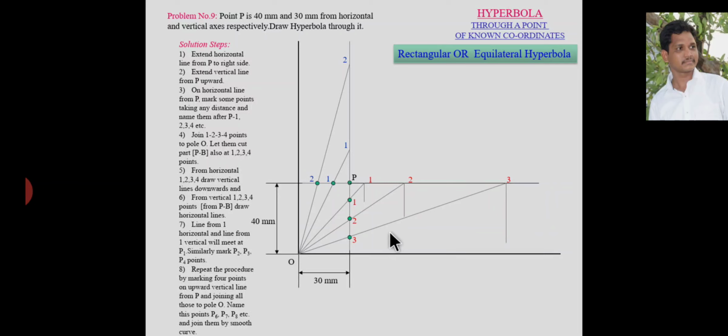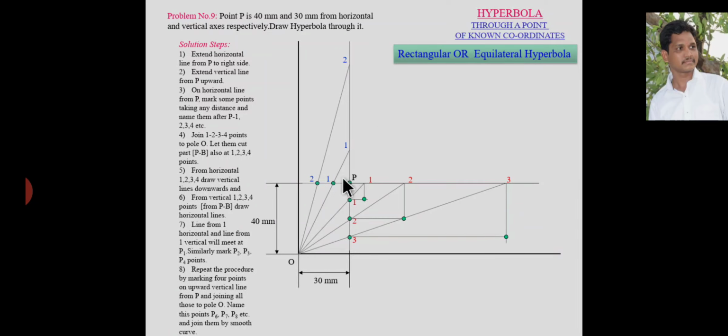Similarly, draw a horizontal line from point 1, from point 2, and from point 3. Then locate the corresponding intersecting points: this is the intersecting point of line 1-1, this is of line 2-2, and this is of line 3-3.